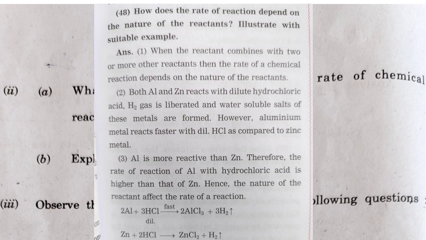Hence, the nature of the reactant affects the rate of a reaction, as given below. 2Al plus 3HCl dilute, fast reaction, gives 2AlCl3 plus 3H2 gas. Zn plus 2HCl, slow reaction, gives ZnCl2 plus H2 gas.